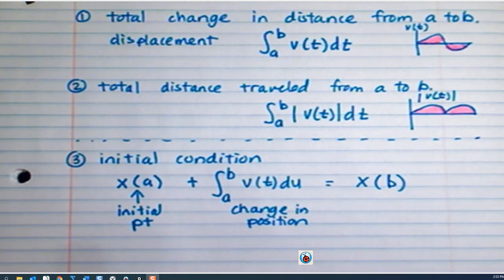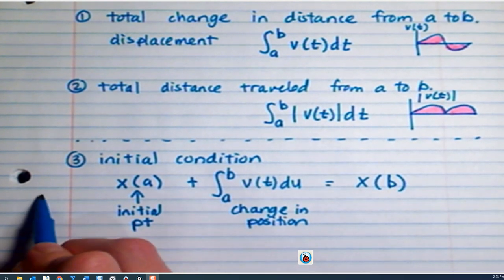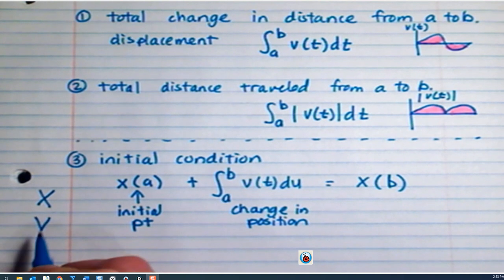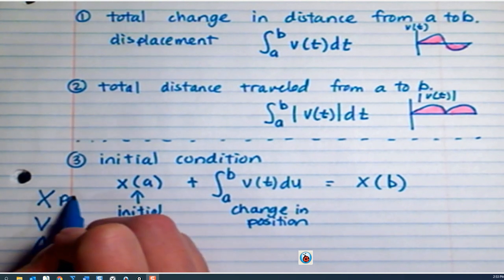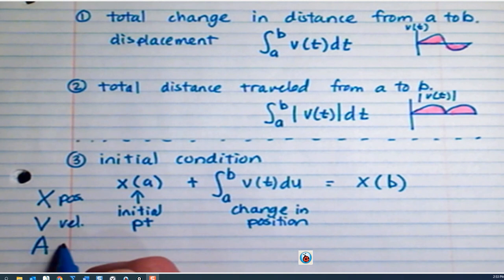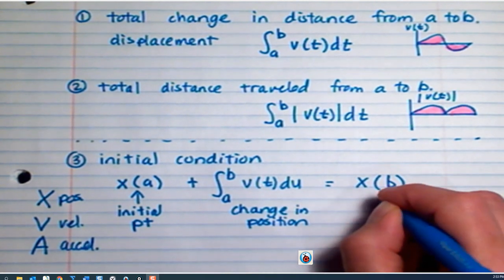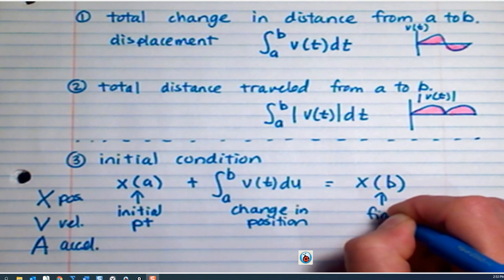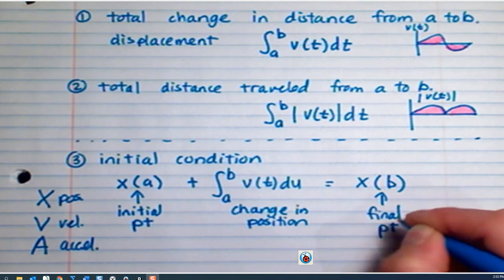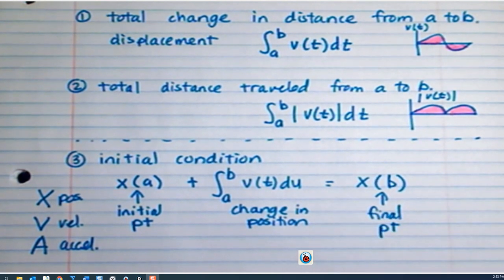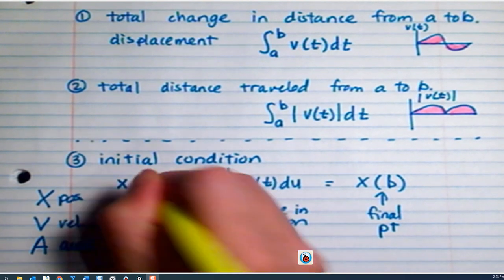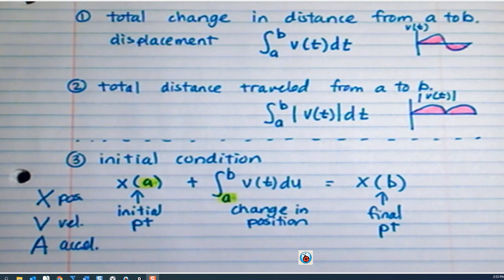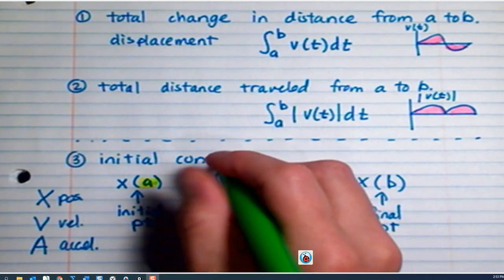All right, so keep in mind here that position, velocity, acceleration. Position, velocity, acceleration. This is your final point, right? That's your end point. Things you need to be aware of with this formula. Notice that it's kind of like two parts make a whole. It's important that these values match up. Okay.